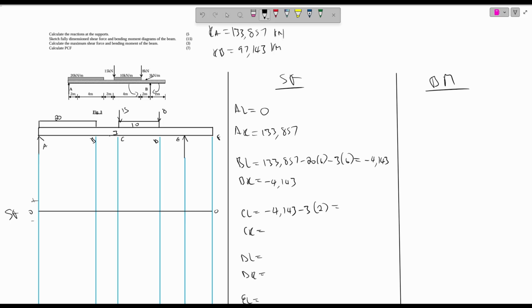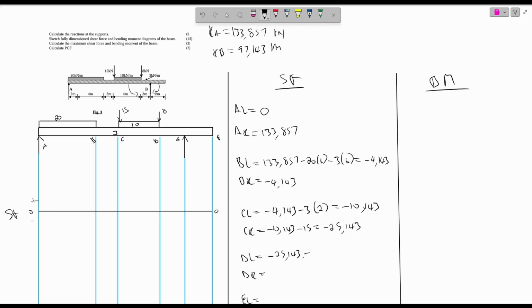We have minus 10.143. C right, we have minus 10.143 minus 15, which is this 15 sitting at point C, minus 25.143.